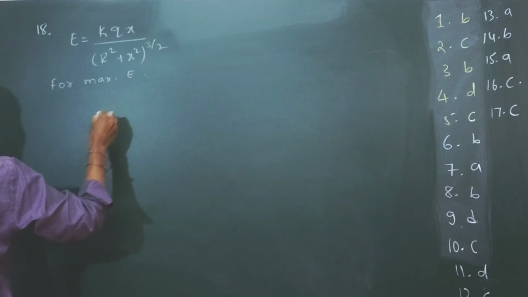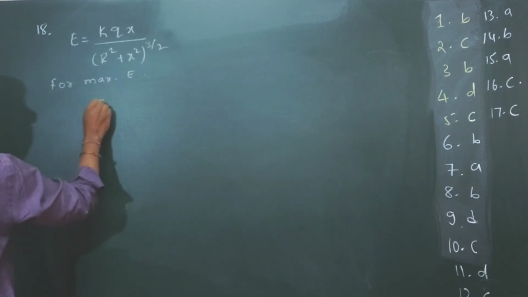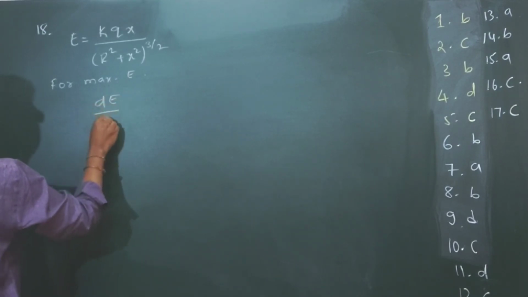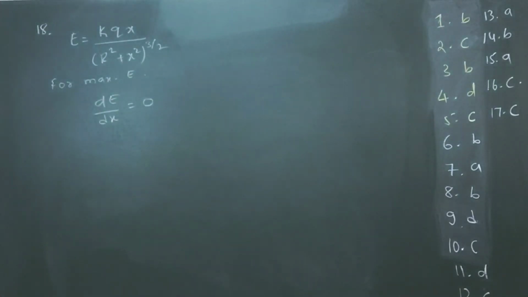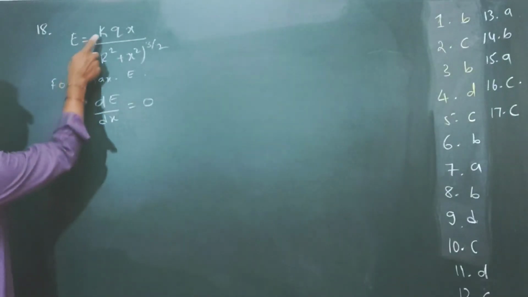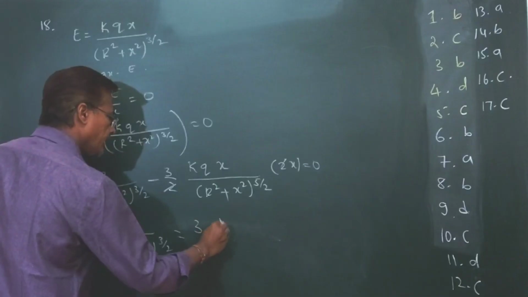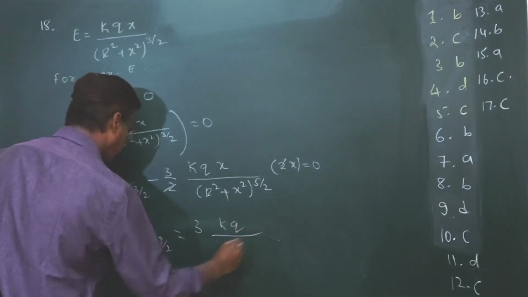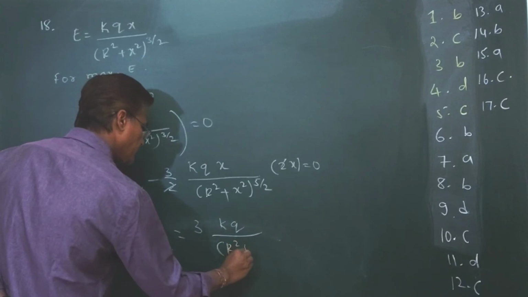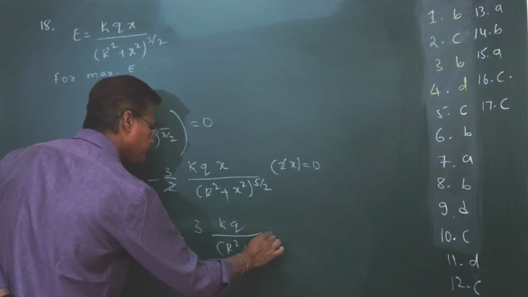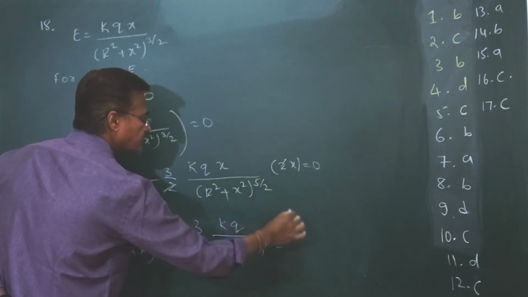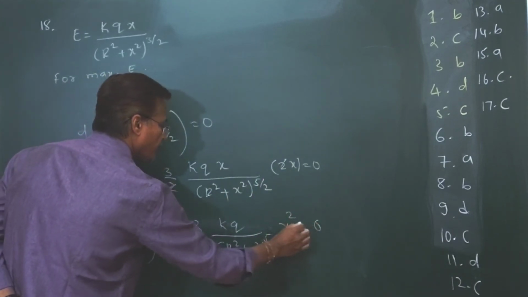We can take dE by dx equal to 0. So we have to differentiate. Differentiation of KQx divided by R square plus x square to the power of 3 by 2 gives KQ divided by R square plus x square to the power of 5 by 2, into R square plus x square minus 3x square, equal to 0.